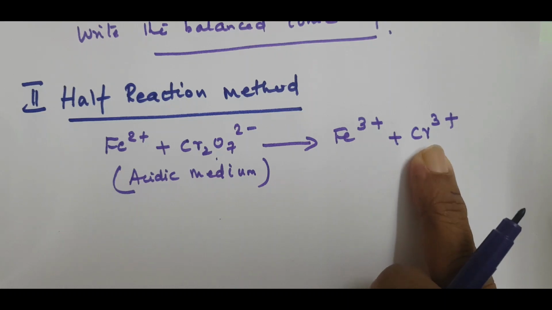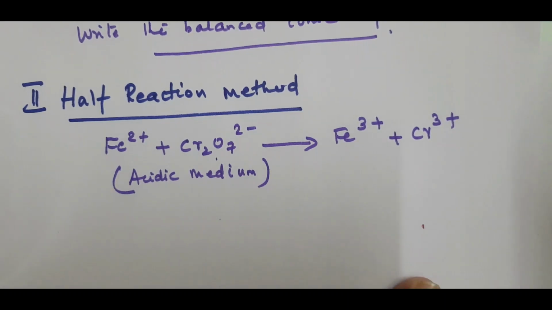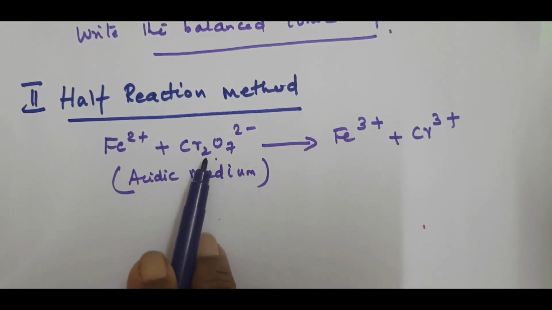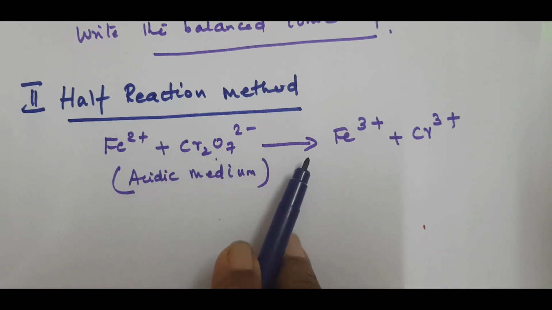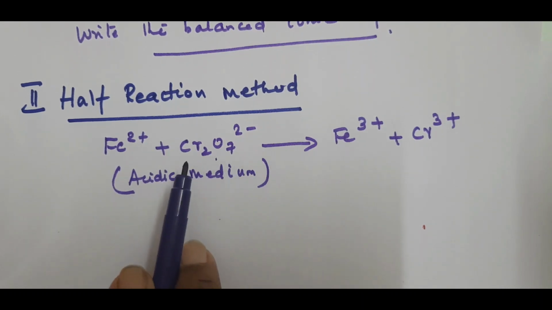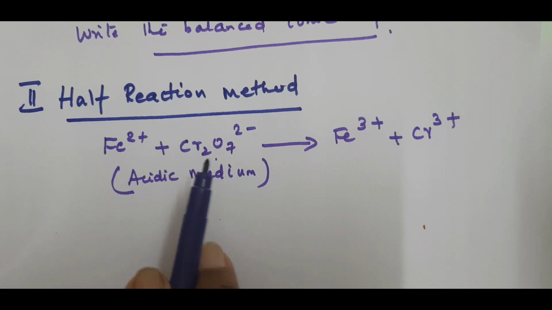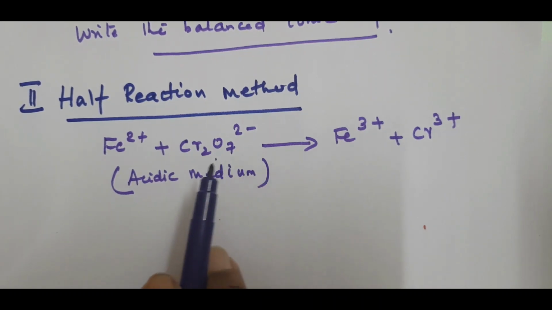Okay. Now, normally you will be given a question not in this form, but in a statement or word form, which we have seen in the earlier numerical. A word form like balance the equation showing the oxidation of so and so to so and so with so and so to so and so.